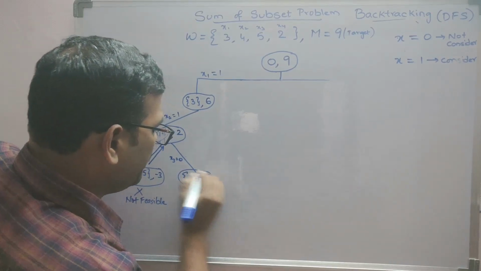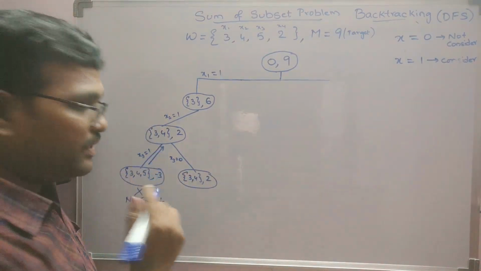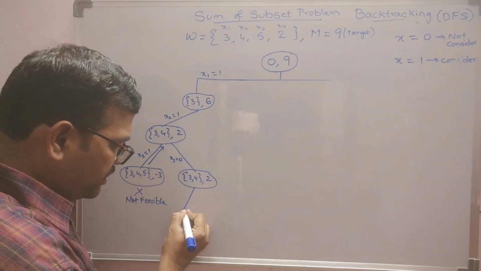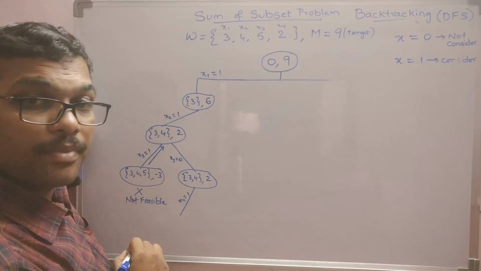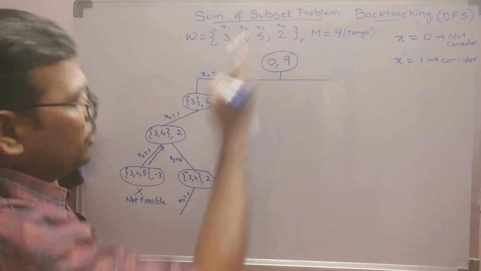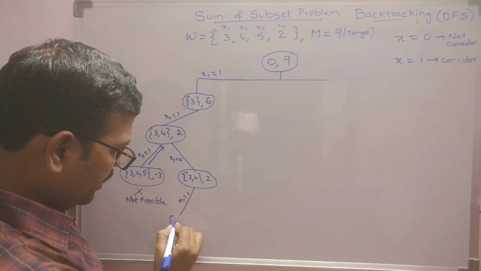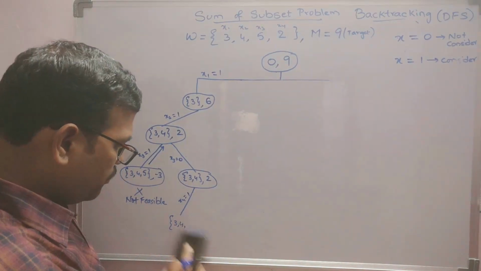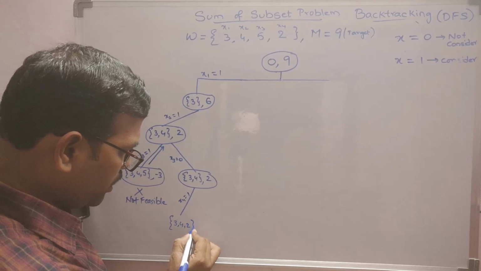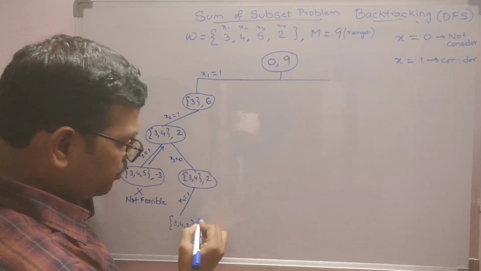The same thing will appear here. Again you have to go with depth first search. Now x4 is equal to 1. x4 is 2, so we have to consider 2 also, and 2 minus 2 is 0.